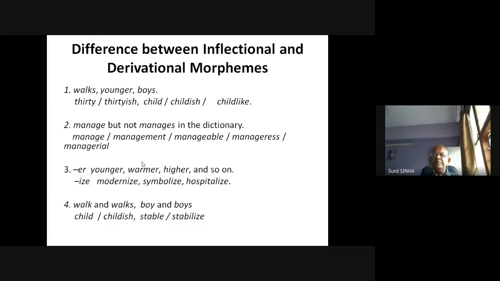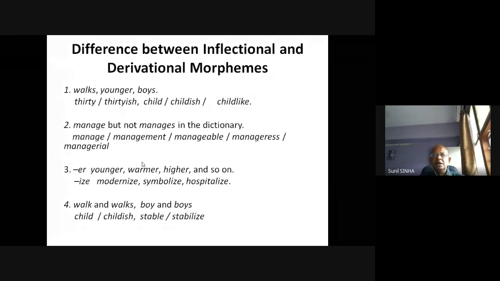Yes, we need an inflectional morpheme to satisfy the rule of grammar. A morpheme which is needed to satisfy the rule of grammar is called an inflectional morpheme.